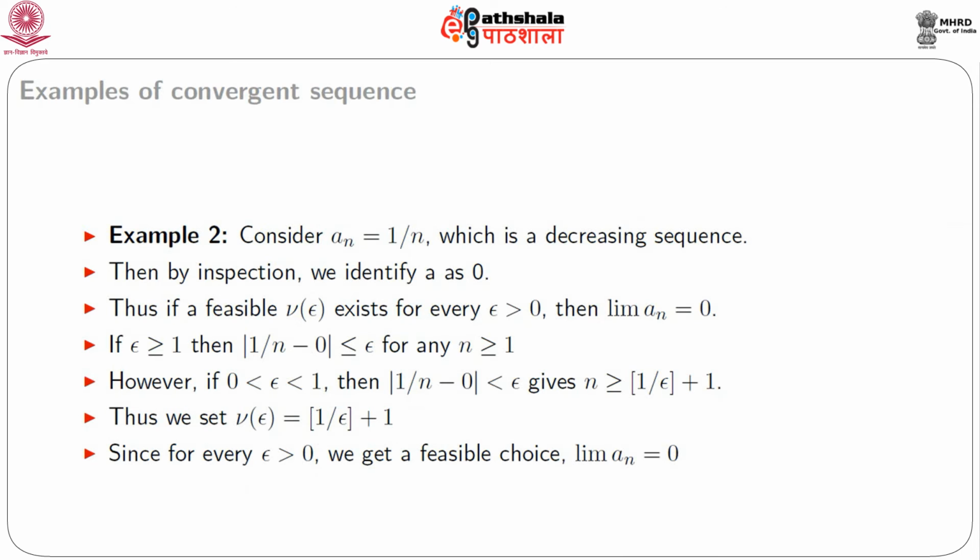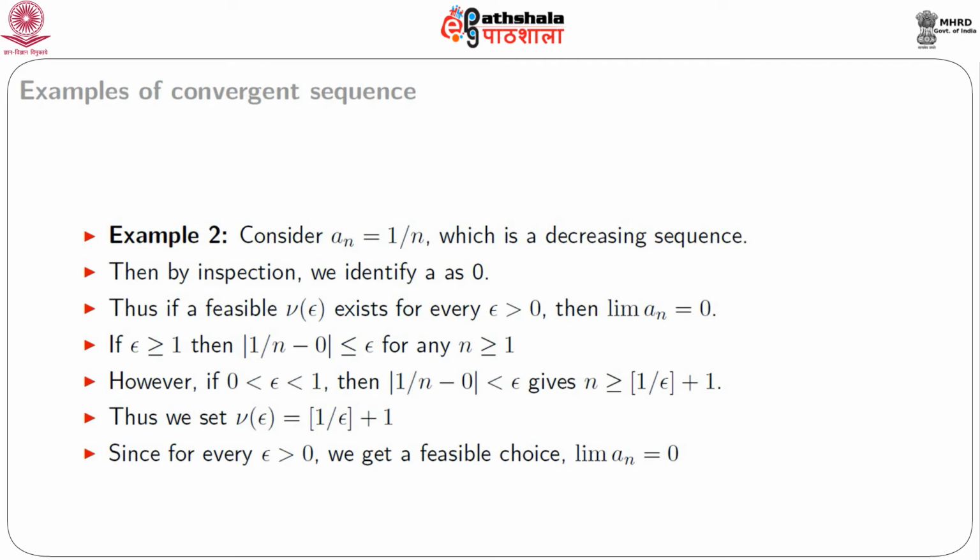Consider the second example, where the sequence is 1 by n, which is again a decreasing sequence, and by inspection we identify a as 0. Thus, if a feasible nu epsilon exists for every epsilon greater than 0, then the limit of a_n equals 0. If epsilon is greater than or equal to 1, we find that the absolute value of 1 by n minus 0 being less than or equal to epsilon is satisfied for every n greater than or equal to 1 as earlier, because 1 by n is always less than or equal to 1.